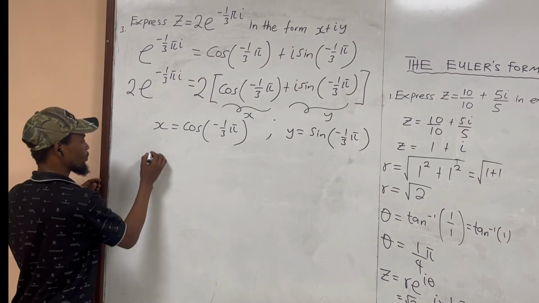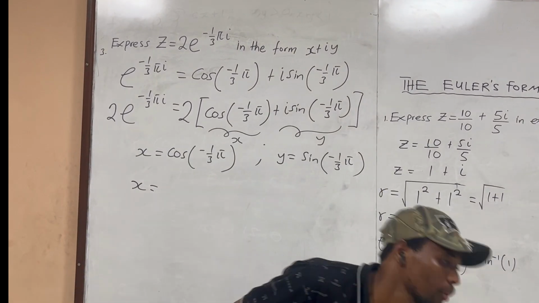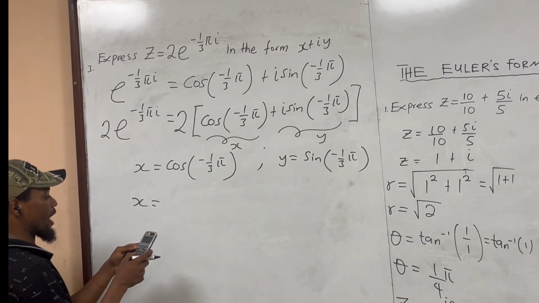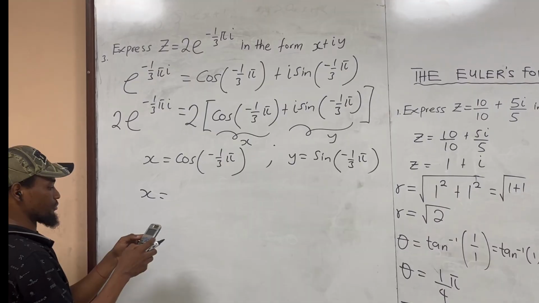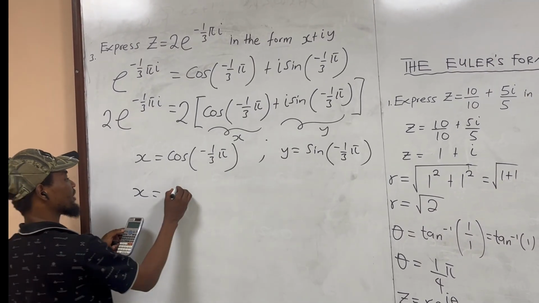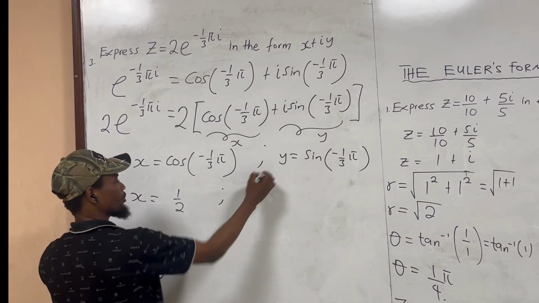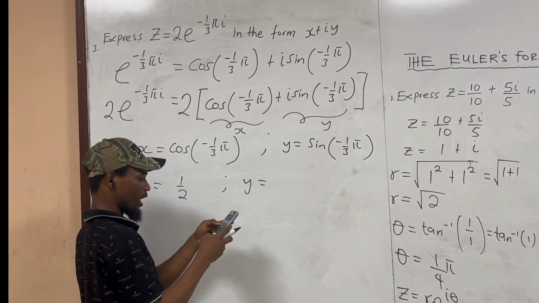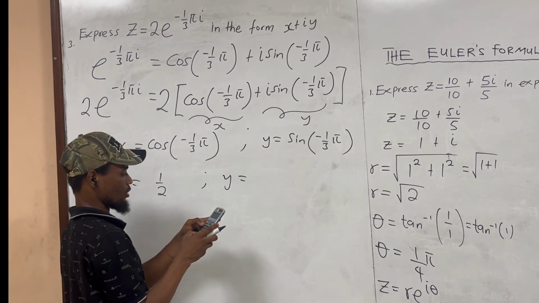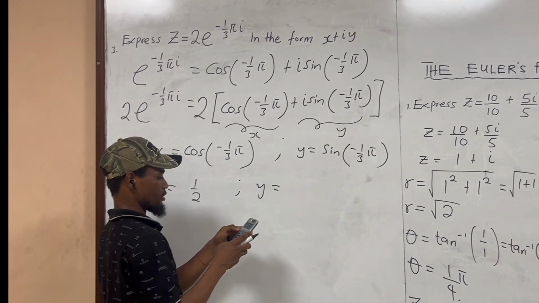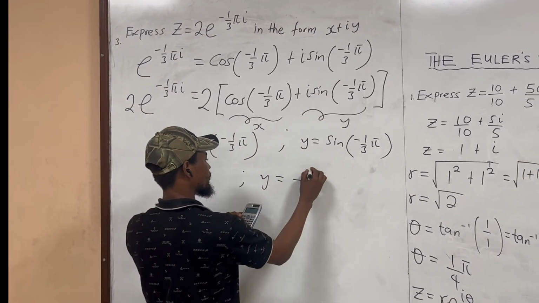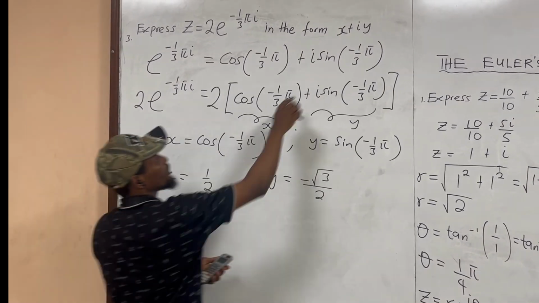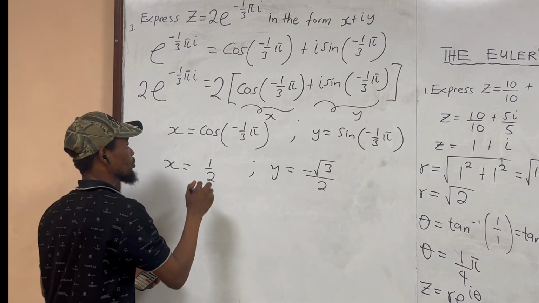Again, permit me to work in radians. In radians, cos of negative 1 on 3 pi gives 1 on 2, then y is equal to sine of negative 1 on 3 pi, and I'm getting negative root 3 on 2.